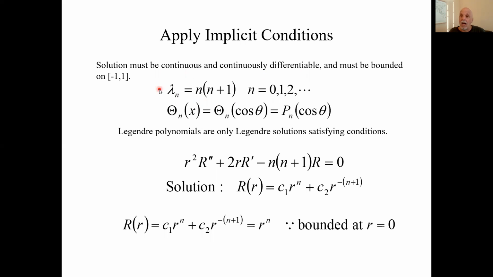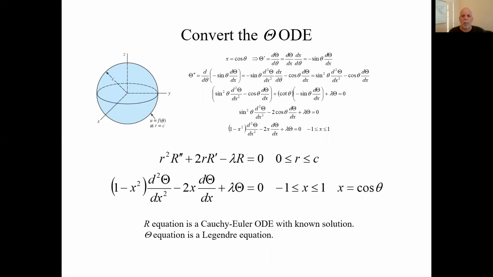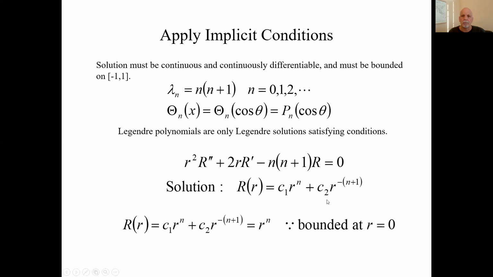So that gives us our eigenvalues. The other implicit condition is that the solutions must be bounded over this interval, cosine theta from -1 to 1, or x, same thing. x has to be between -1 and 1.